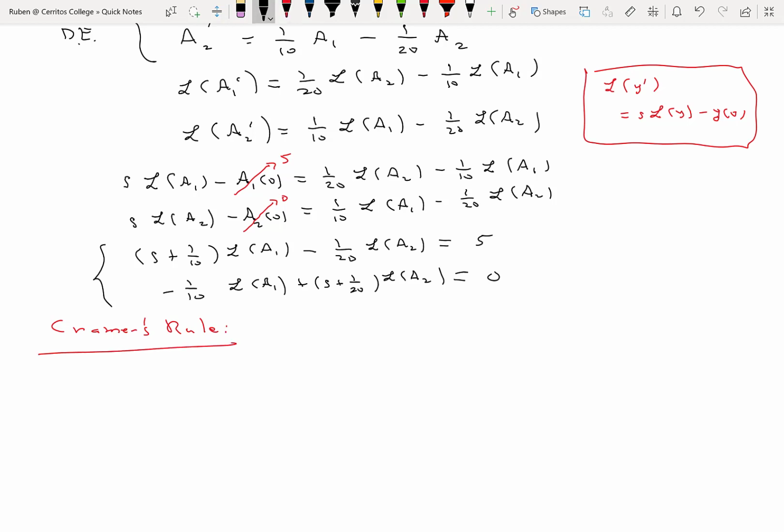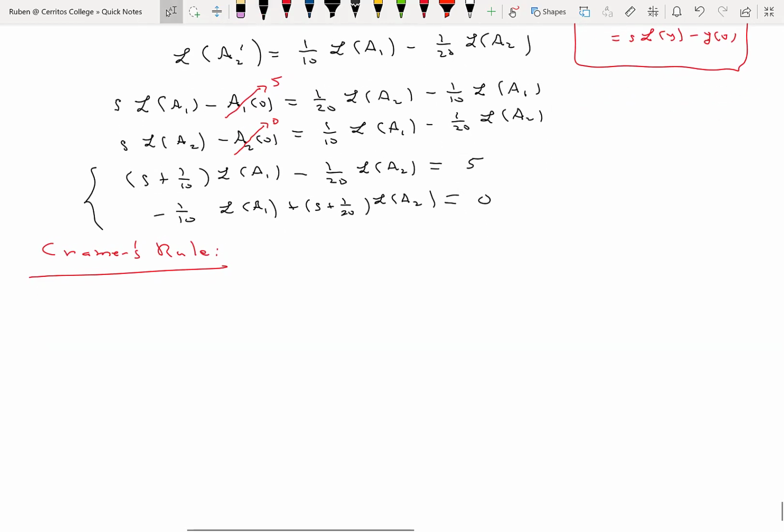Cramer's rule involves 3 determinants. I'm not going to use the variable a, because we're using the variable a for amount. I'm going to call them D for the determinant of the coefficients, and D1 and D2 for the other 2 determinants.